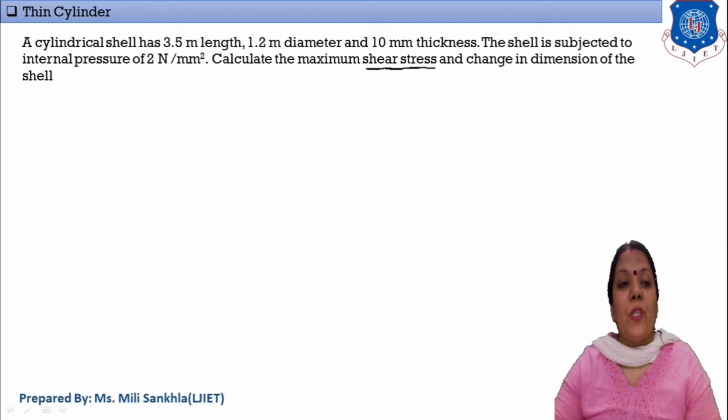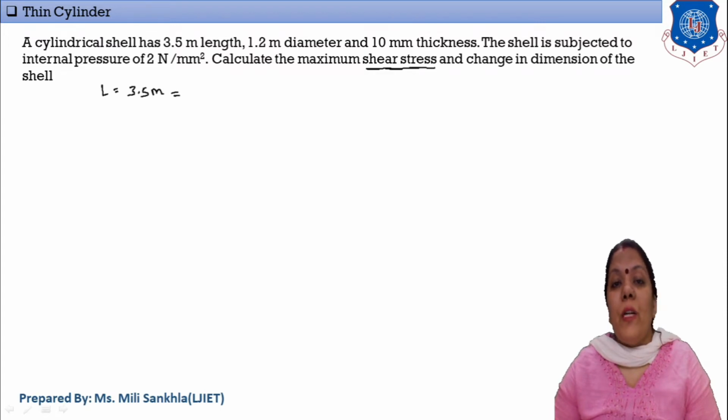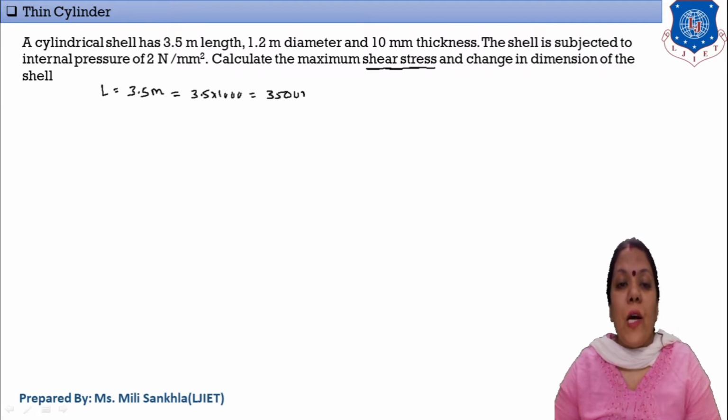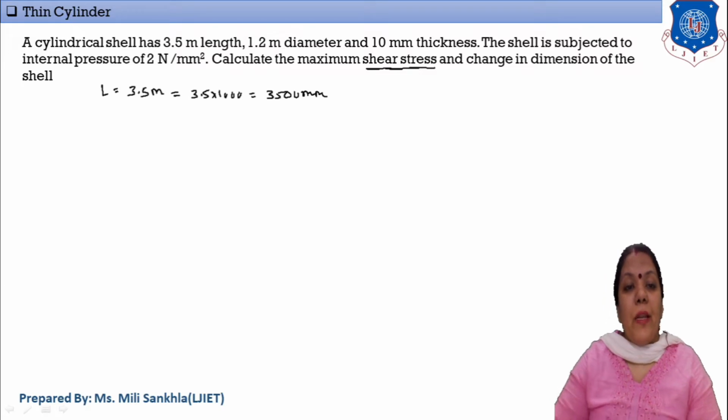Now first of all, as per the rule, write down the data. First, L is given. L is equal to 3.5 meter. Here meter is given, so convert into mm. 1 meter is equal to 1000 mm. Now my length is equal to 3500 mm. Next is the given diameter.